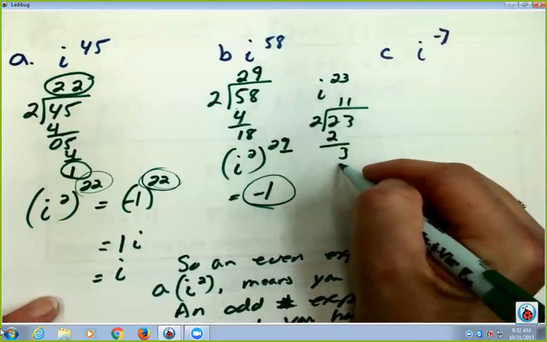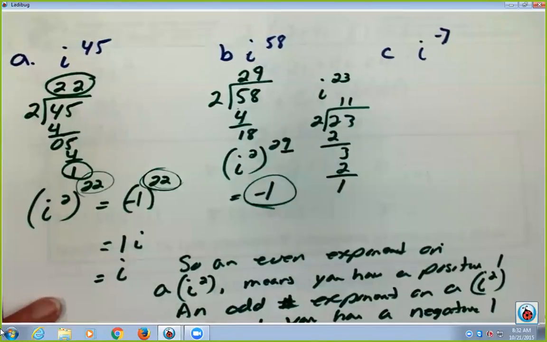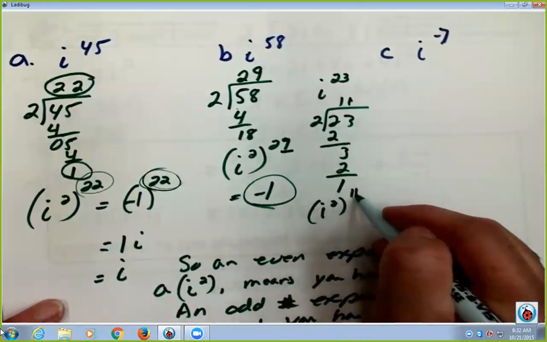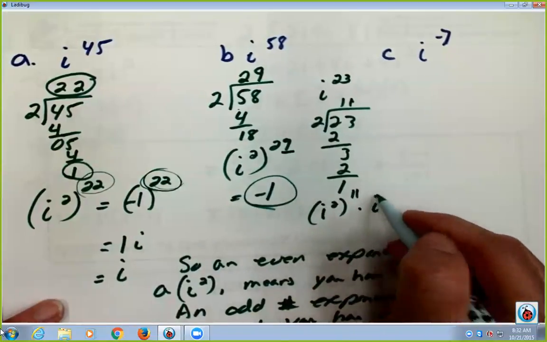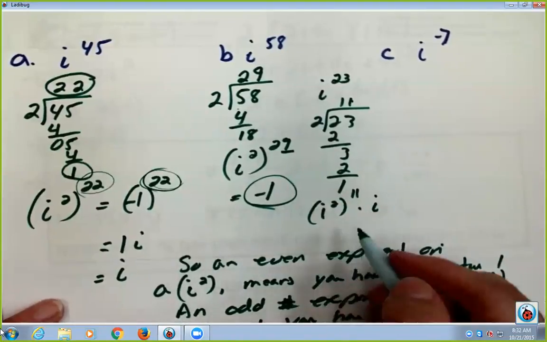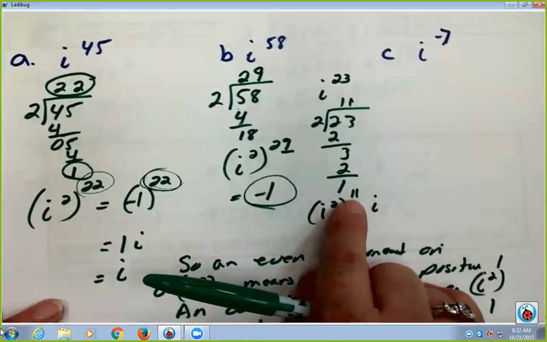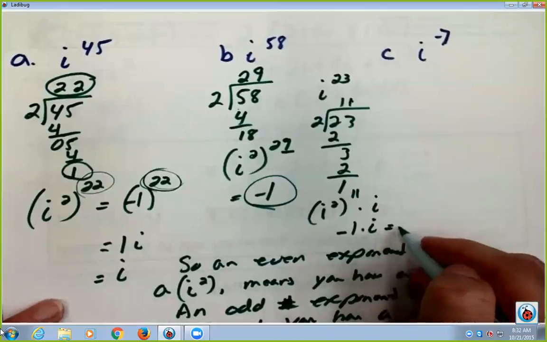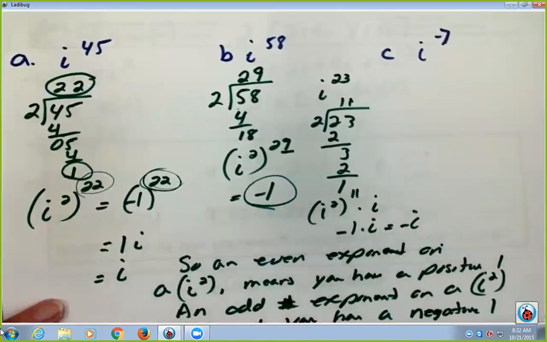It goes in there once. So I have an i squared to the 11th power times a remainder of 1, which means I have an i left. And so my total answer on this is odd. So it's negative 1 times i, or I'm left with a negative i.